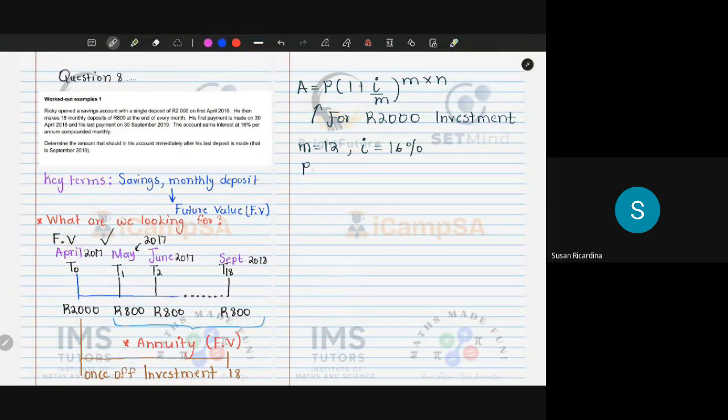And our P, present value, would be 2,000 Rand for this problem. And all we need to do here is M times N. For this N would just be the time that our money is in there, because it's compounded monthly.